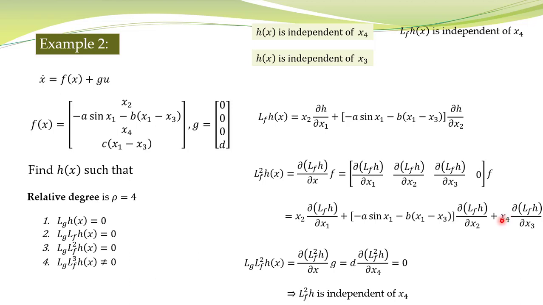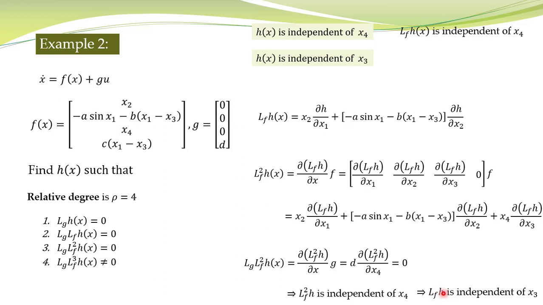For this L_f squared h of x to be independent of x4, this term should be equal to 0. That is, partial derivative of L_f h with respect to x3 should be equal to 0, which means that L_f h of x should be independent of x3.